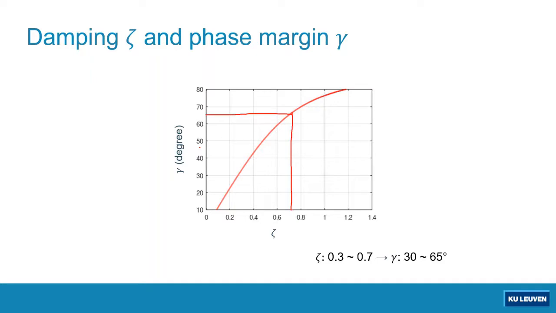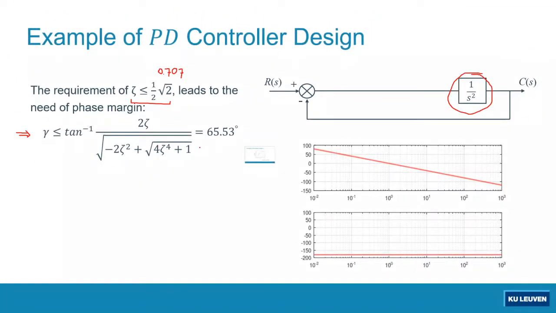Okay, so this is the first requirement translated to a requirement in the frequency response function. We want to have phase margin less than or equal to 65.53 degrees. When will this happen?